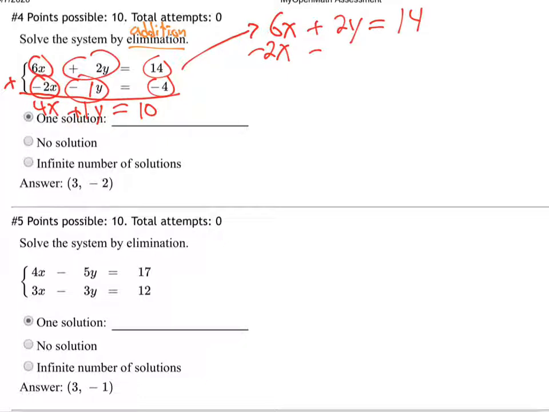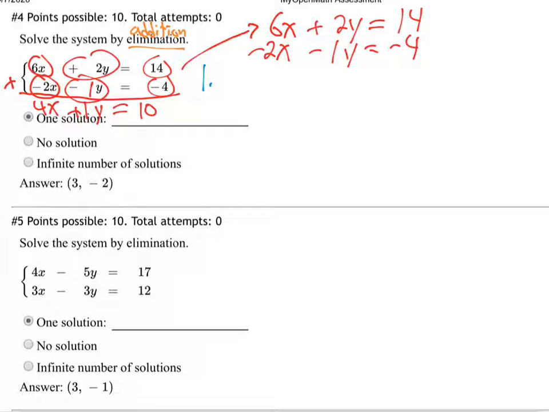We need to have either x or y eliminate, so we'll only have one letter, and then we can solve when we only have one letter. So let me go back up here. I better do something to one of these equations to make x or y cancel out. So what am I going to do? That was just a display of what doesn't work.